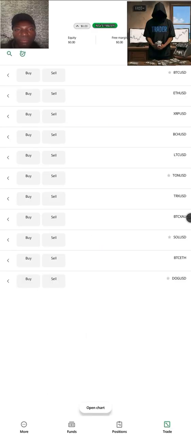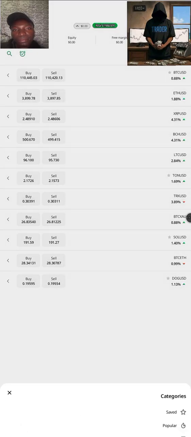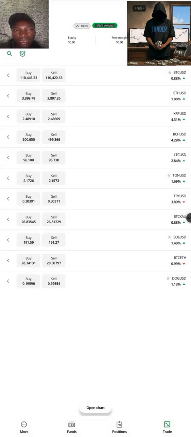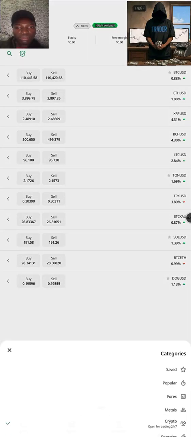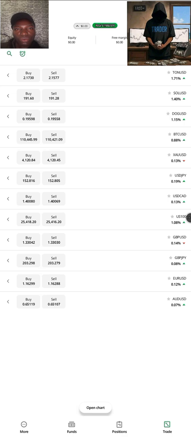For the first thing wanakupeleka ni cryptocurrency. This is cryptocurrency. Cryptocurrency is whereby computerized money haiwezi shikika. Ukiangalia hapo juu kwa cryptocurrency kuna allo inakupeleka kwa saved, popular, forex, metal. Acha tuingie kwa saved.